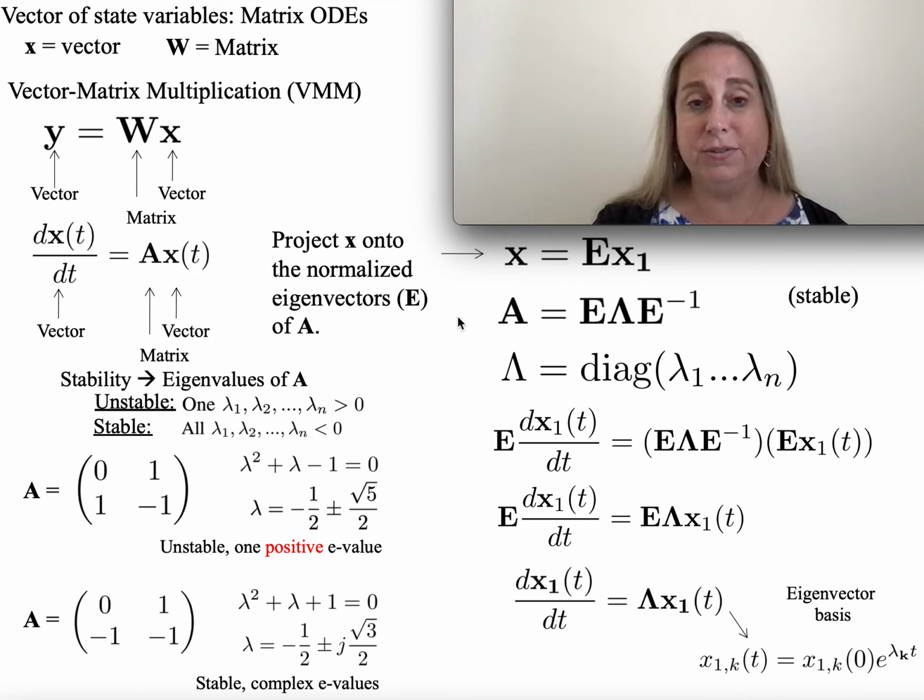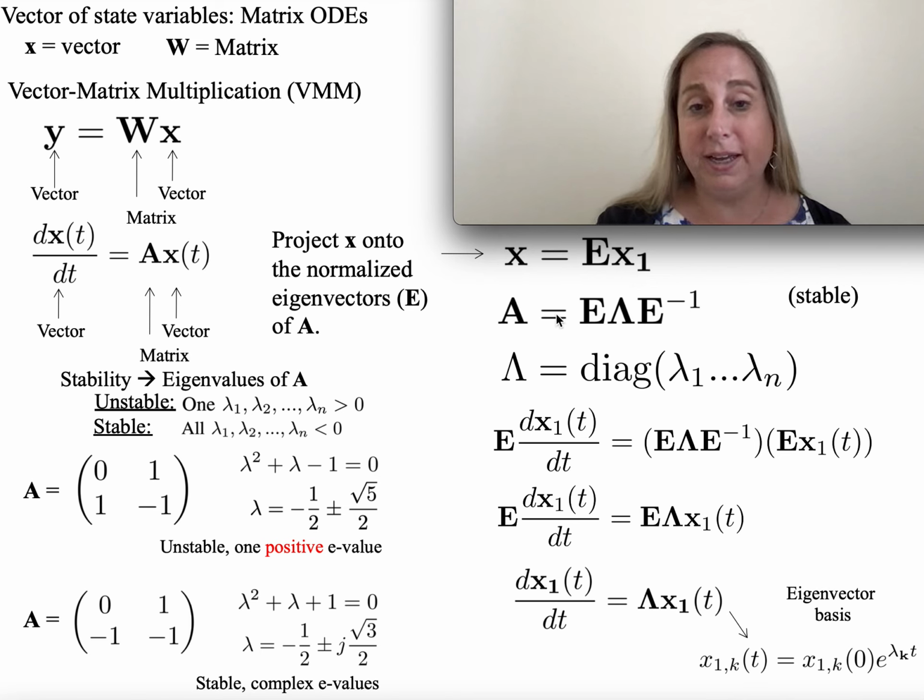One of the things you find is that you can make x equal to b, the eigenvector basis, which would have the rows of eigenvectors of A, times some variable x1. So now we have those two things defined.